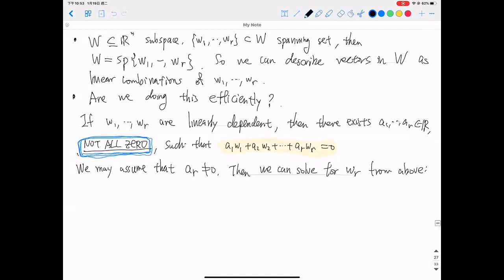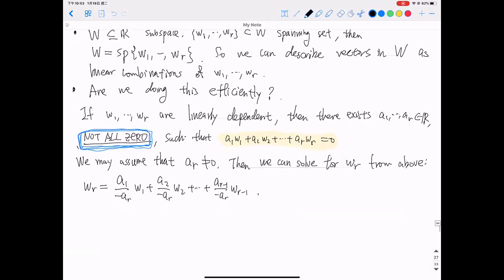That will give me WR equal to A1 over minus AR, W1, plus A2 over minus AR, W2, plus and so on up to AR minus 1 over minus AR, WR minus 1. So this is saying that WR is a linear combination of W1 through WR minus 1.